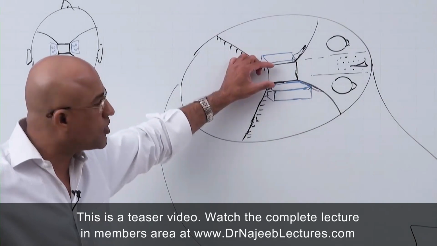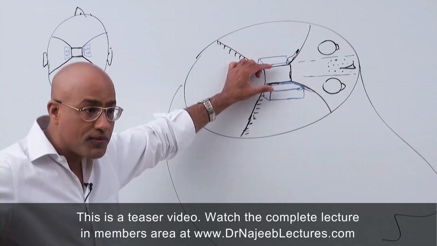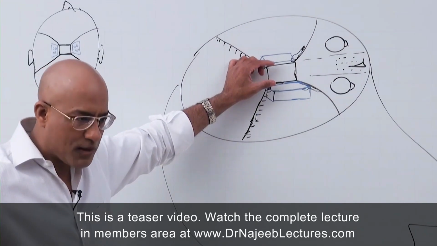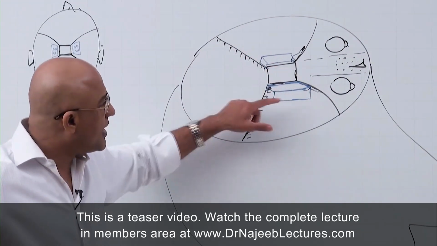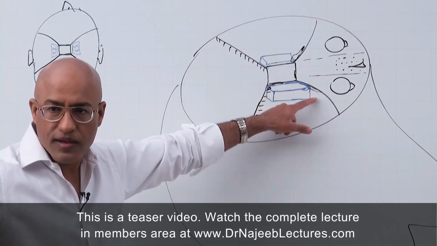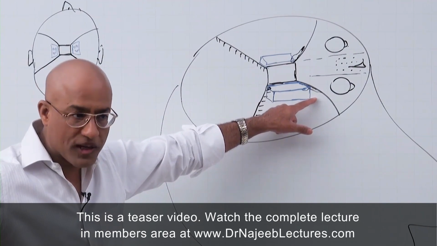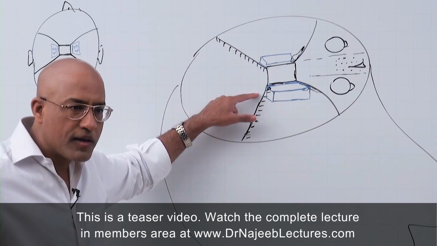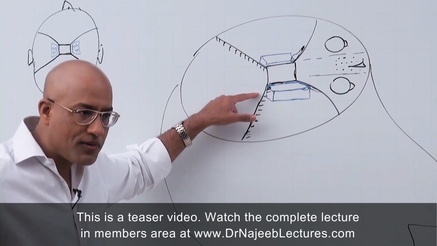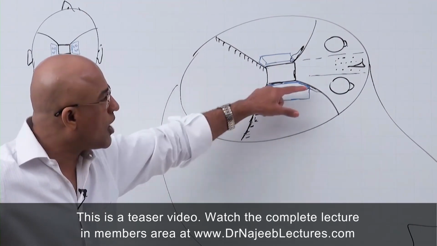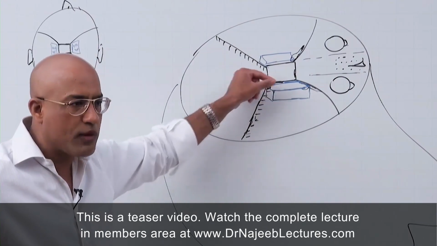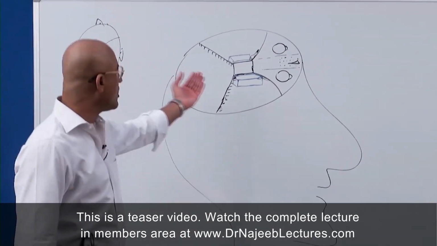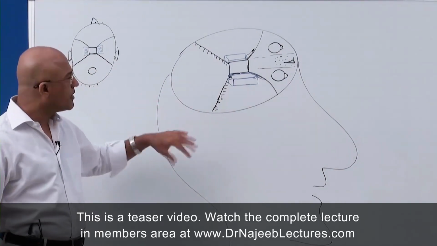They are situated on the sides of the body of sphenoid and pituitary gland, right? Anteriorly they extend up to the superior orbital fissure, and posteriorly they reach up to the tip of the petrous part of temporal bone. It's almost 2 centimeters long and 1 centimeter wide. Is that right? It's 2 centimeters long and 1 centimeter wide.